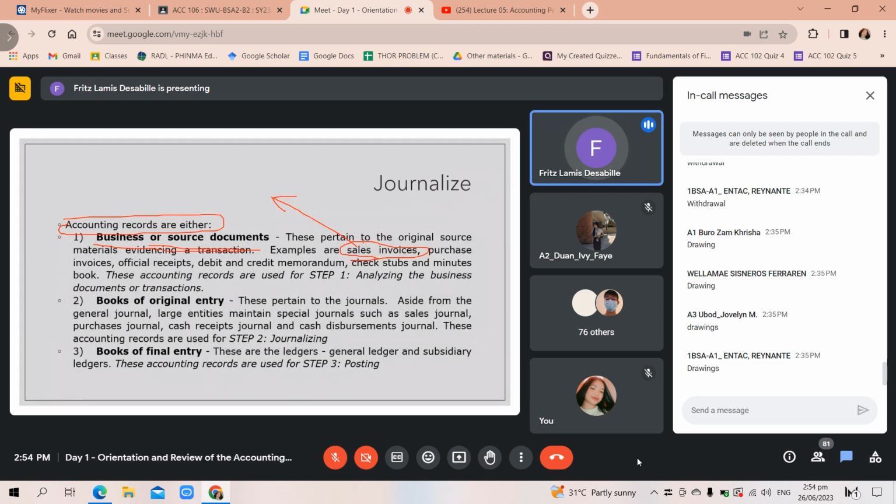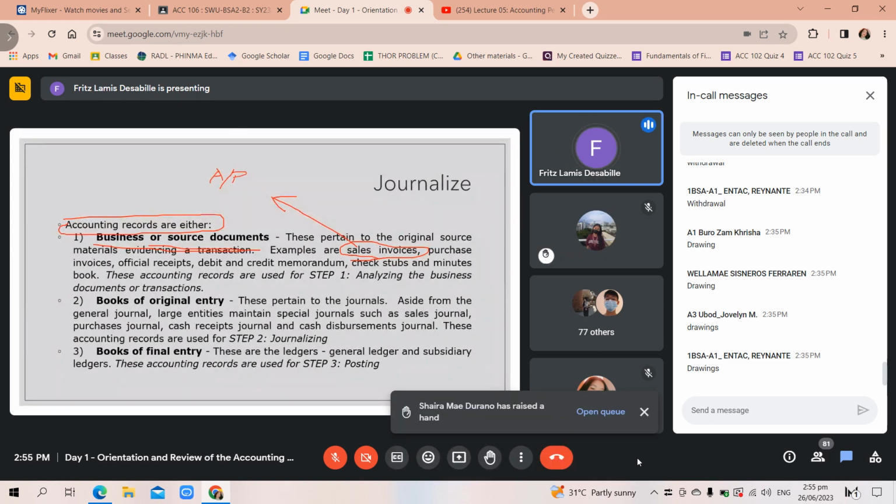The basis is that what we record from sales invoices could be an AR if it's a credit sale, or it could be cash if it is a cash sale. And of course, it's a sales invoice, so the most indicative thing we see there is the sales, or revenue from merchandise.